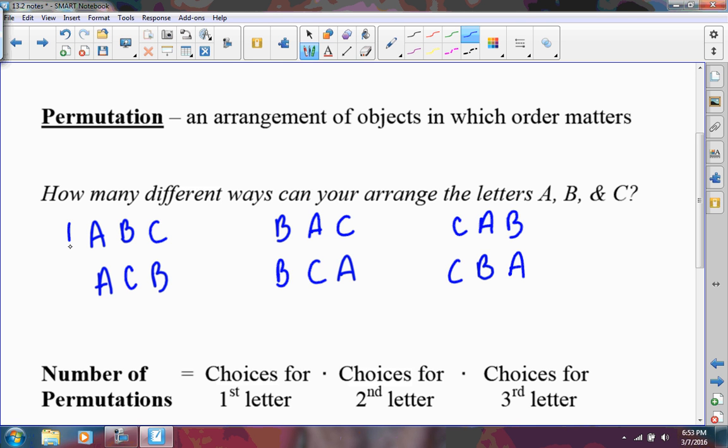And there's 1, 2, 3, 4, 5, 6 possible arrangements.